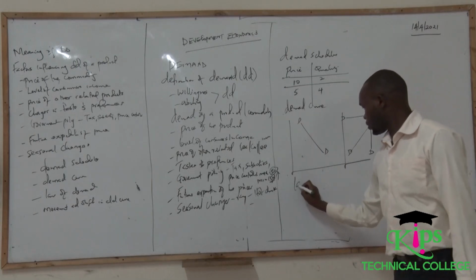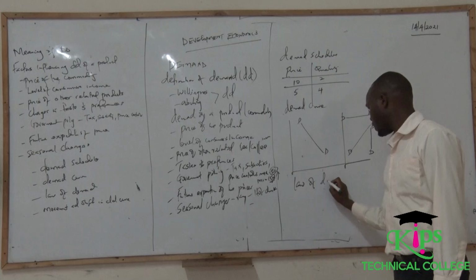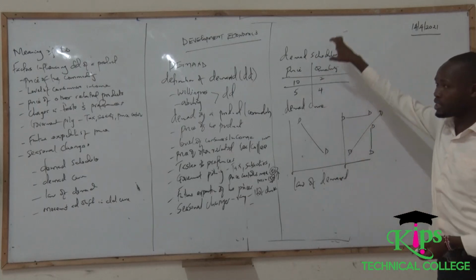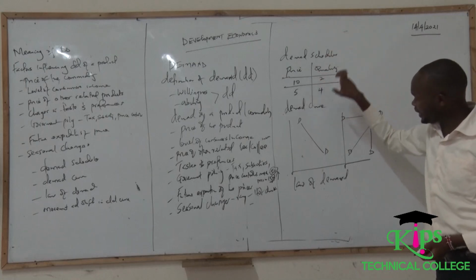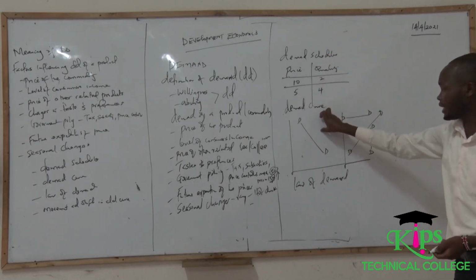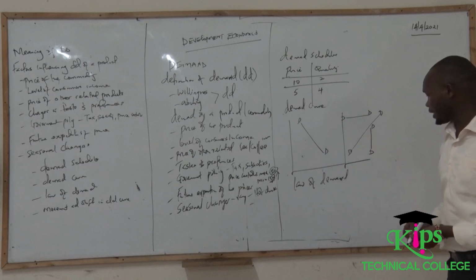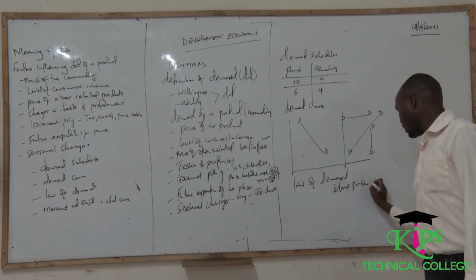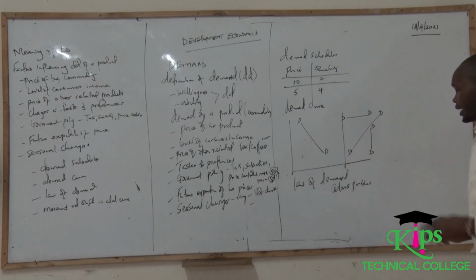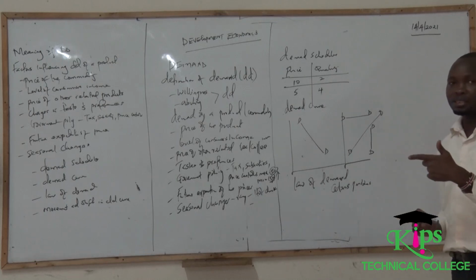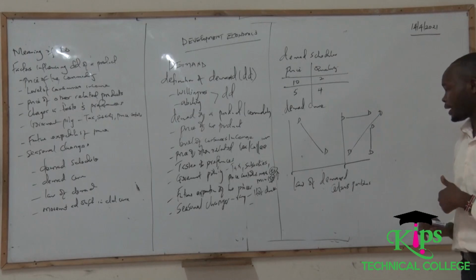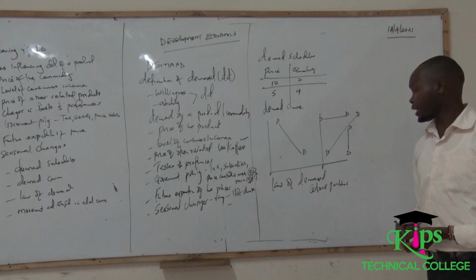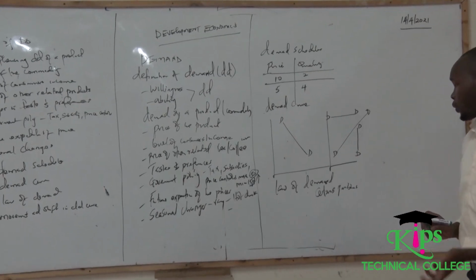Then we also need to know about the law of demand. The law of demand also originates from the demand schedule and the demand curve. We always say that ceteris paribus, that is, holding other things constant, as the price of a product increases, we tend to consume less, and as the price of the product decreases, we consume more of the product.